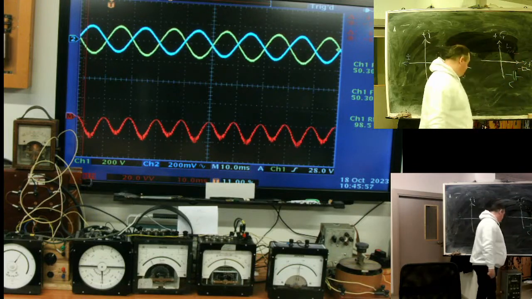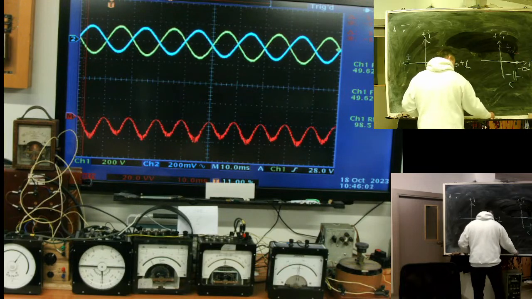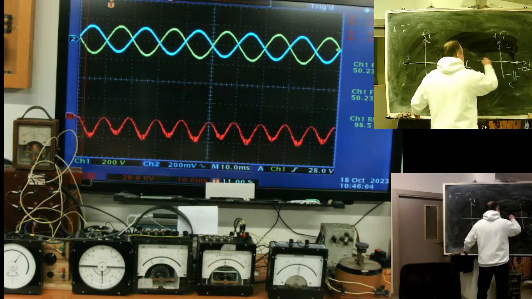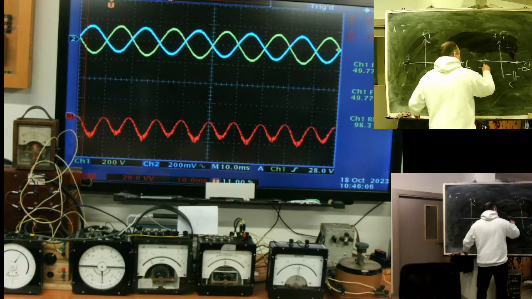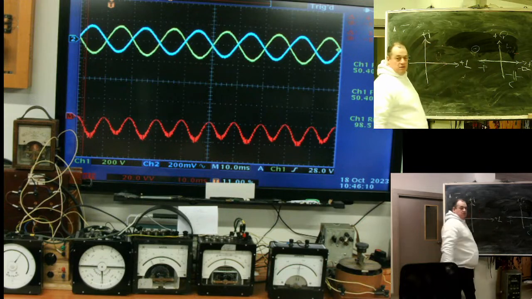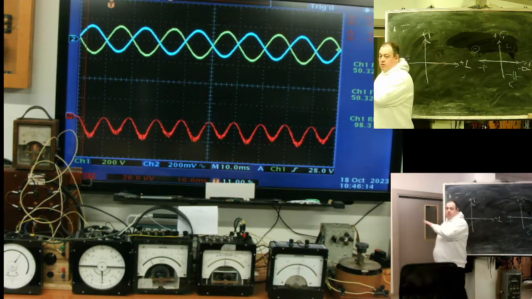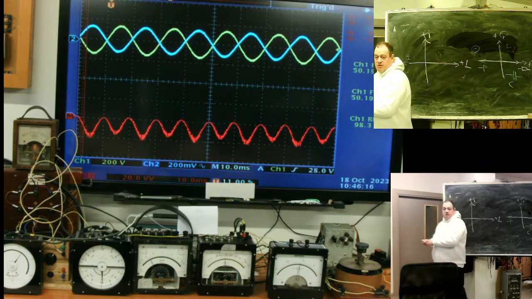Load regimes in opposition. Okay, it will be green. Minus, it's a generation regime. Now I have ideal generator without shift.